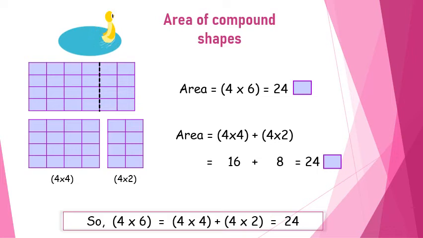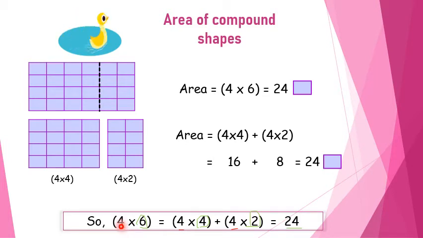It means if I keep the first factor as it is and cut the second factor, which is 6, into two parts, or I decompose it into two parts, 4 and 2, it will give you the same answer.